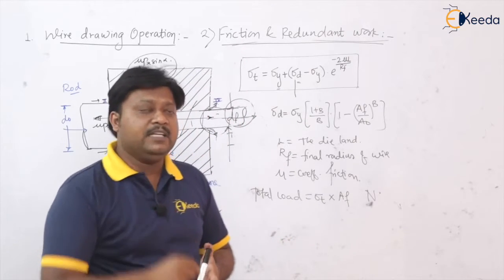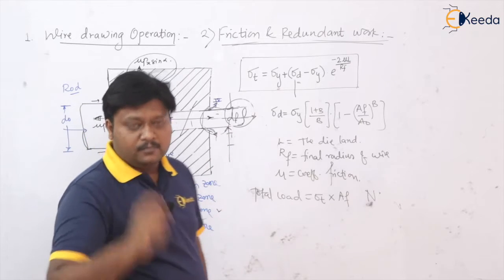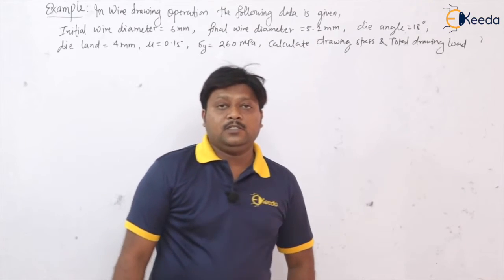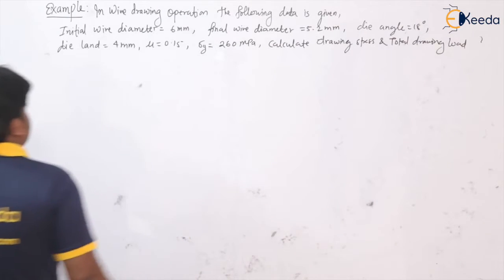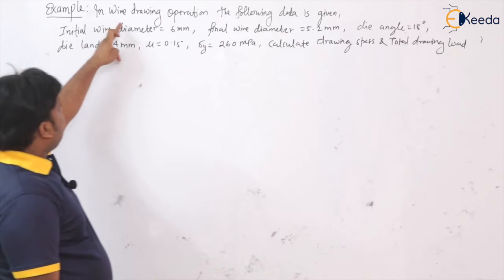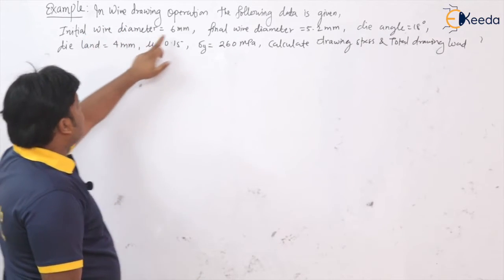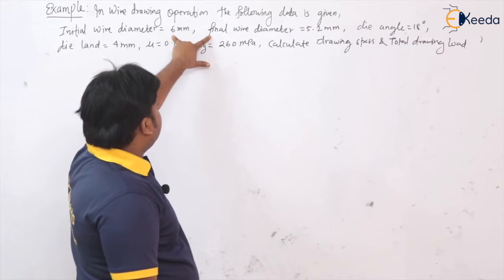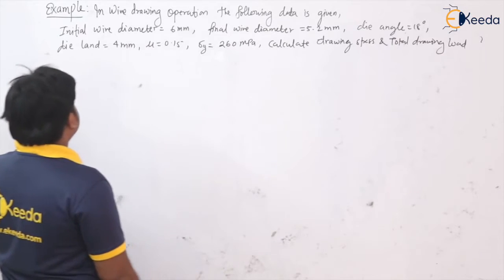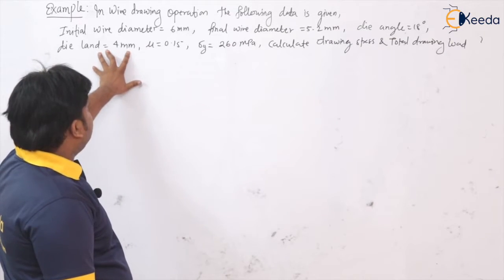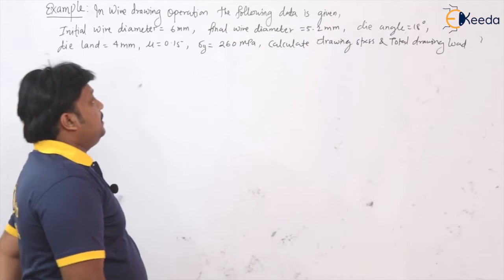Let us take one example on whatever we learned now. See students, we have a question on wire drawing. In a wire drawing operation, the following data is given: initial wire diameter 6 mm, final wire diameter 5.2 mm, die angle 18 degrees, die land 4 mm, mu 0.15, yield strength of the material 260 megapascal.